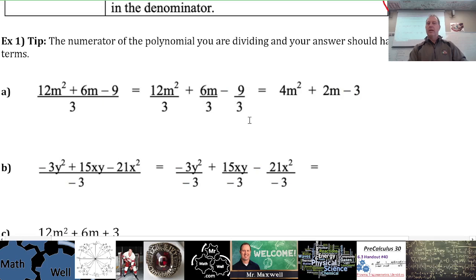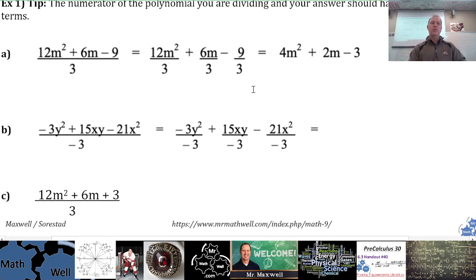And 12m squared divided by 3 is 4m squared. Plus, I'll keep this sign here, plus 6m divided by 3 is 2m, and minus goes there. And 9 divided by 3 is 3. So that is your answer.